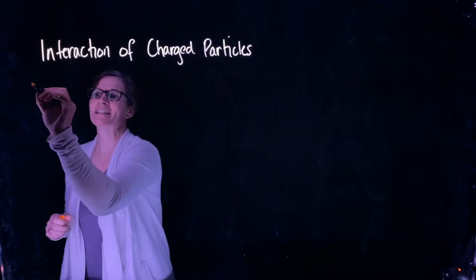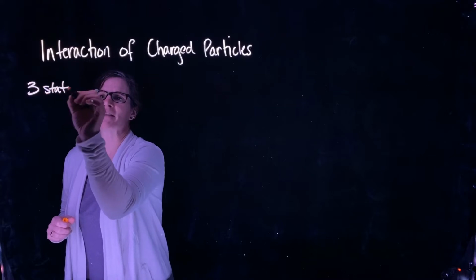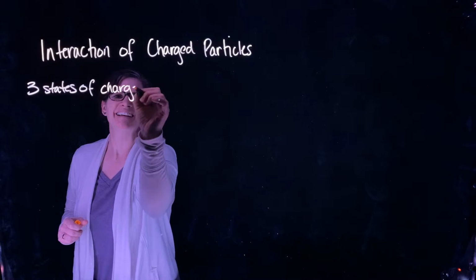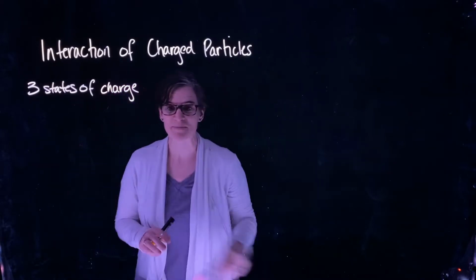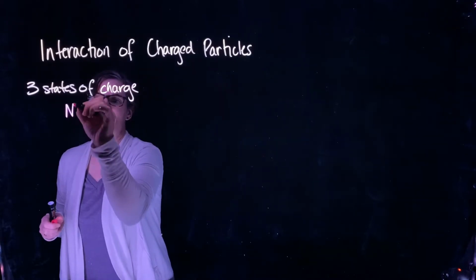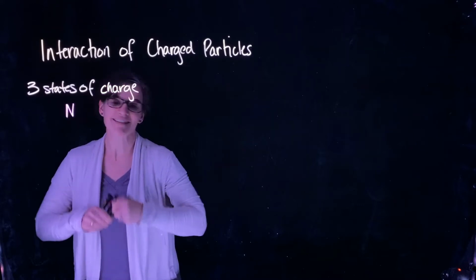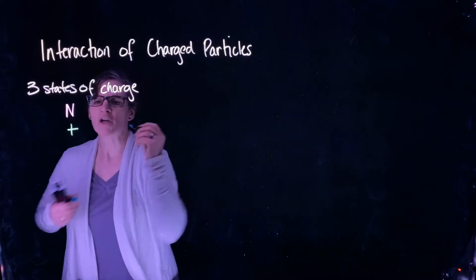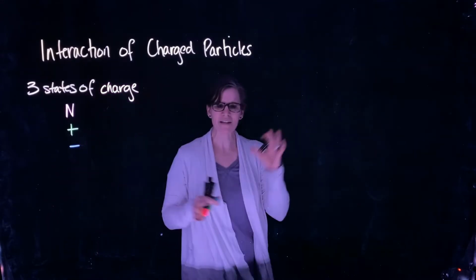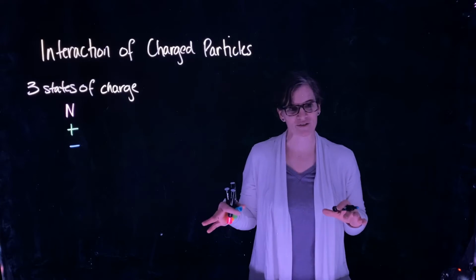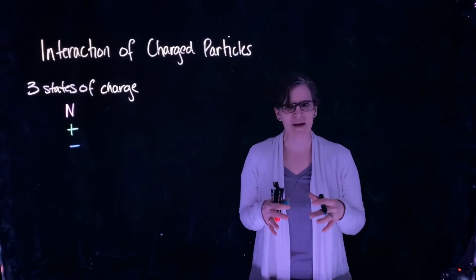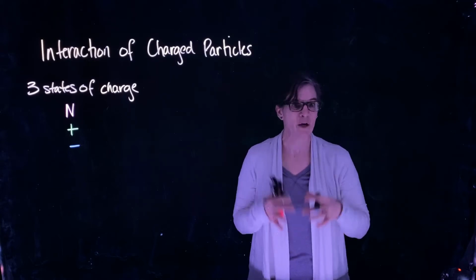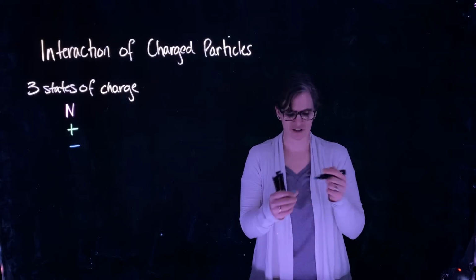Those 3 states of charge, as a reminder, are neutral charges, which we're going to define as an N, positive charges, and negatively charged particles. What we're interested in is how would charged particles of this nature interact with one another? What happens if I put 2 positives together or 2 negatives together, or a positive and negative, or neutral charges? What does that interaction look like?